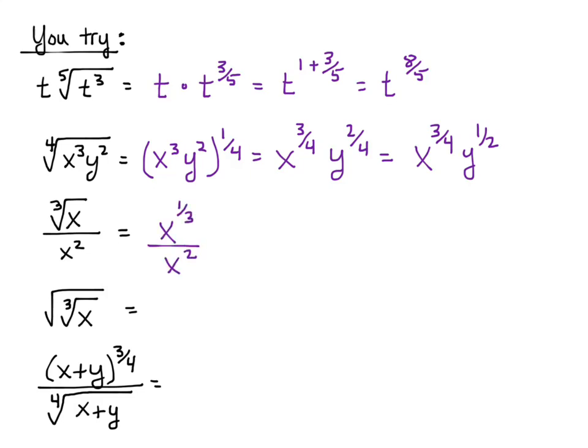Okay, and then we have this next one, x to the 1/3 over x squared, and so it's going to be x to the 1/3 minus 2, and so that's going to be -5/3, and we don't want a negative exponent, so we're going to make this 1 over x to the 5/3.